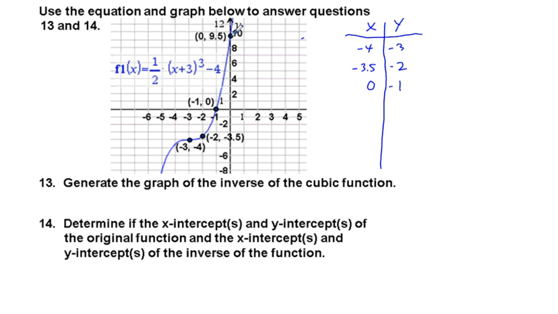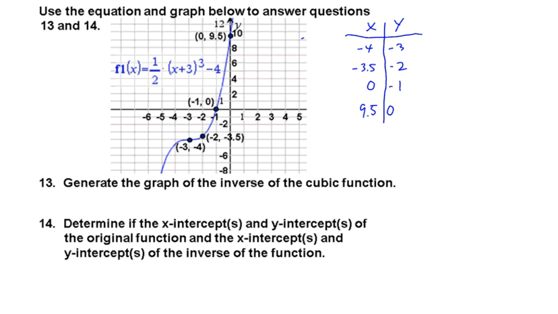We're going to take this y-intercept here of 0, comma 9.5 and make that the x-intercept of 9.5, comma 0. And so those are the points that we're going to transcribe and get there from an inverse function.